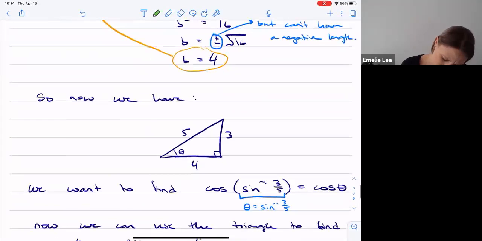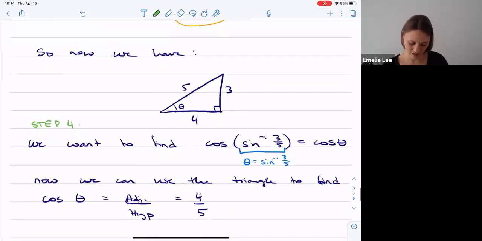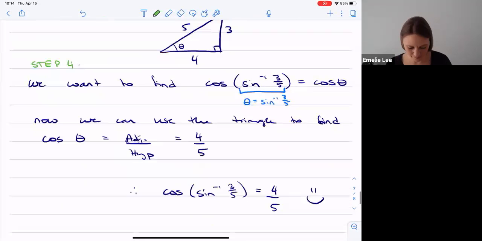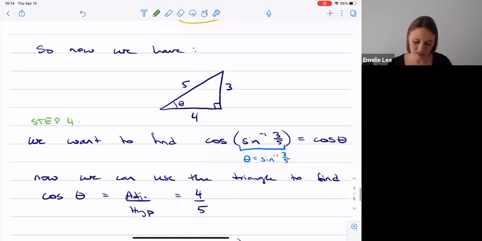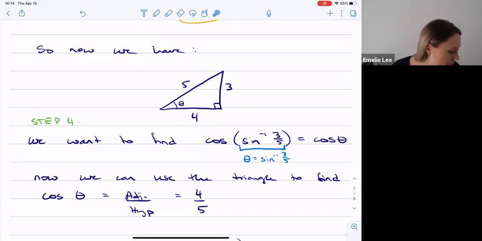And then step 4 is to put it all together. I should have remembered I was doing steps here. Okay, good. So as long as you remember SOHCAHTOA and how to construct this triangle, and the Pythagorean theorem, a squared plus b squared equals c squared, then you'll be able to solve these, no problem.